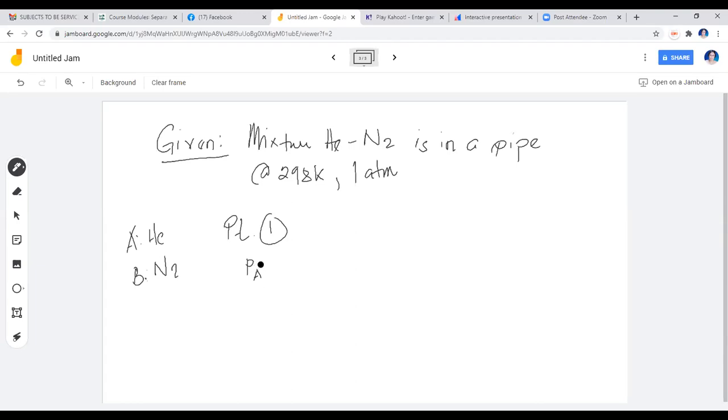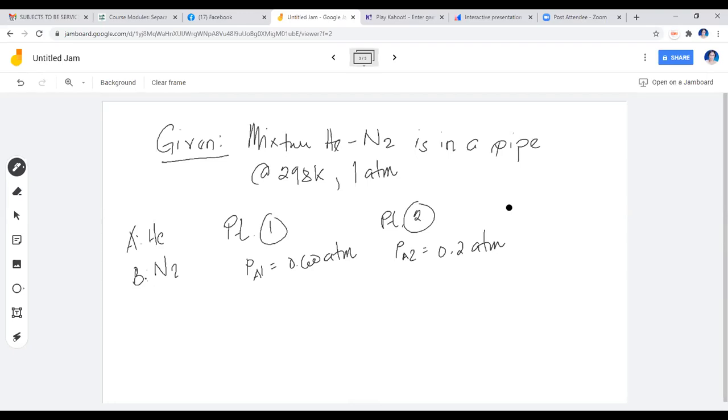The partial pressure of A at point 1 is 0.60 atm. And at point 2 in the pipe, the partial pressure is 0.2.